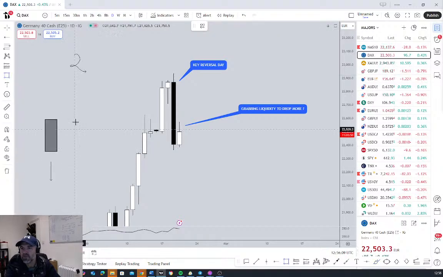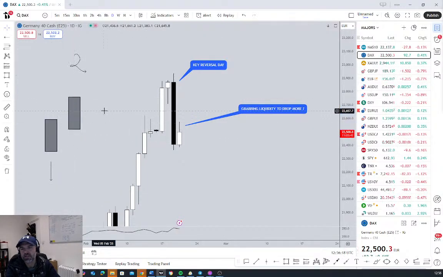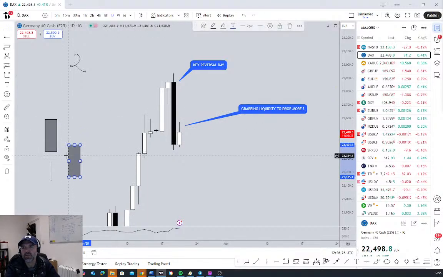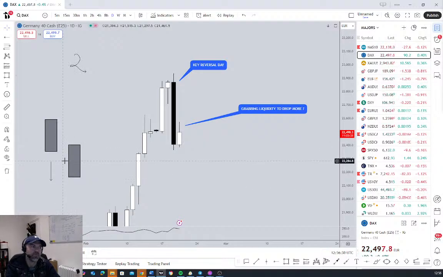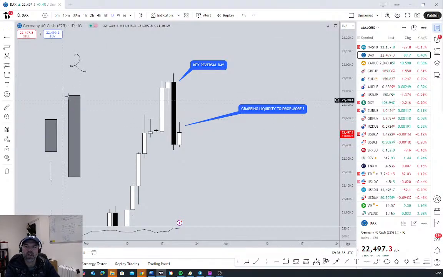The first one would be what we call an uprange candle, meaning it has a higher high and a higher low than the previous candle. The second one would be what I call a downrange candle. It has a lower high and a lower low than the previous candle. The next candle would be an outside candle, which has a higher high and a lower low.